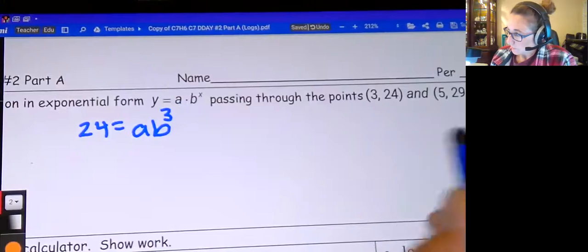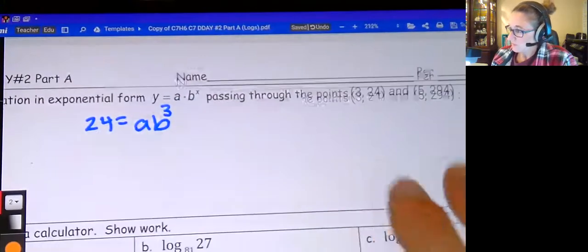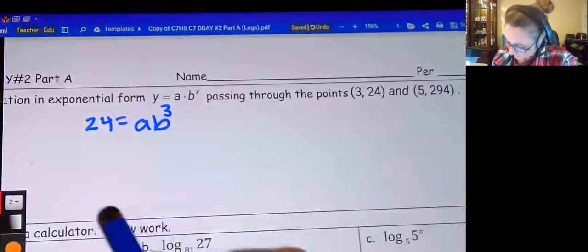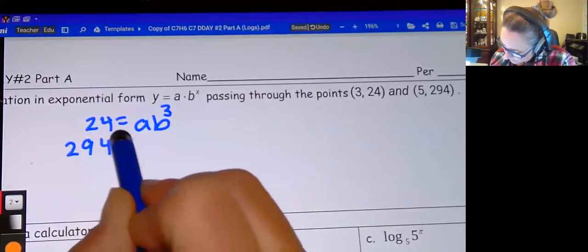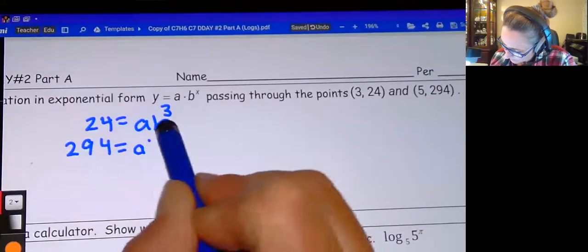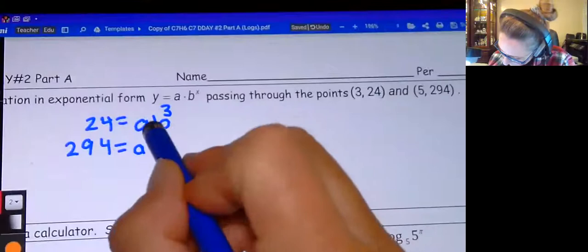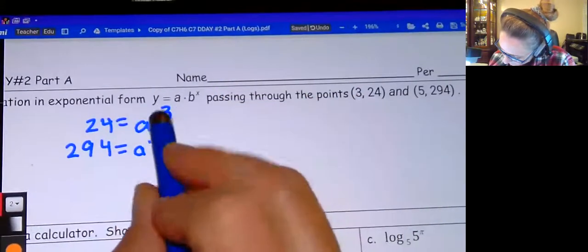Then I'm going to put in the second point for my X and Y, so I get 294 is equal to A times B to the fifth.